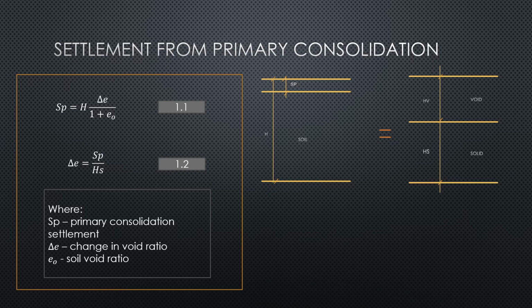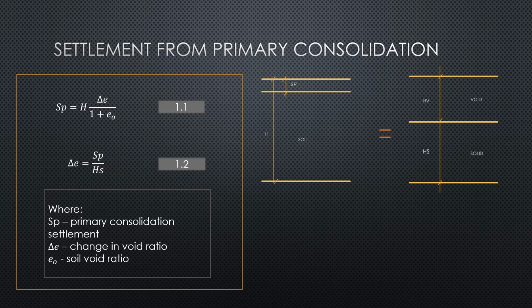For the first formula, as shown in the figure, the settlement from primary consolidation is equal to H delta e over 1 plus e sub o, where SP is the primary consolidation settlement, delta e is the change in void ratio, and e sub o is the soil void ratio.